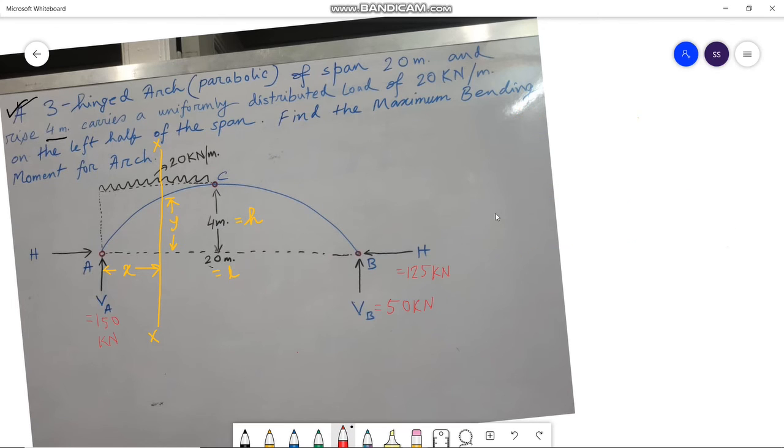Now calculate the bending moment about the section XX.